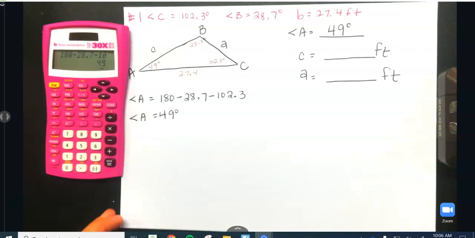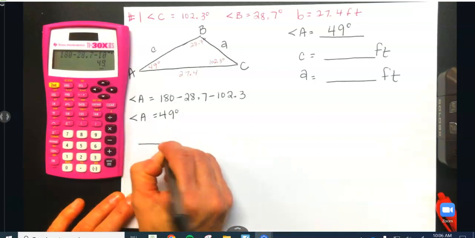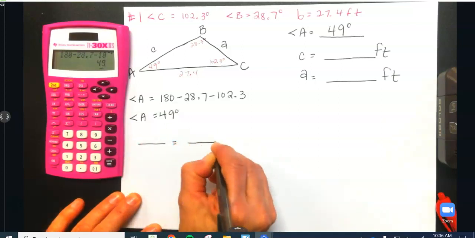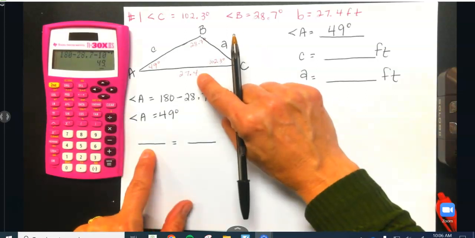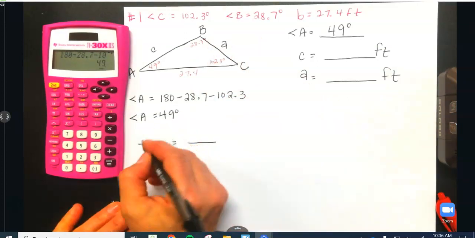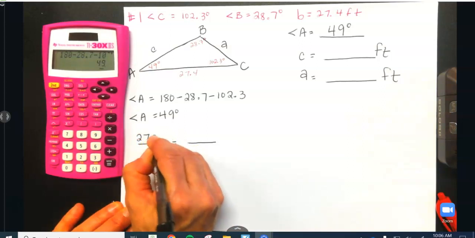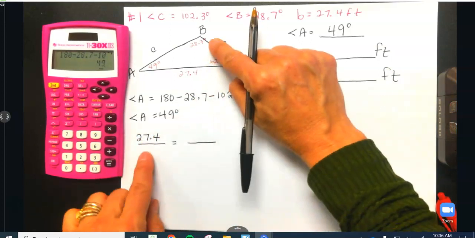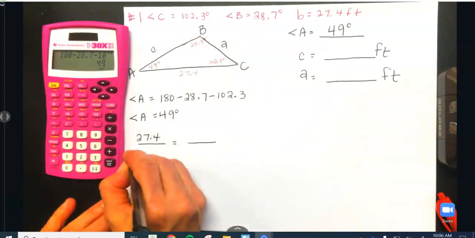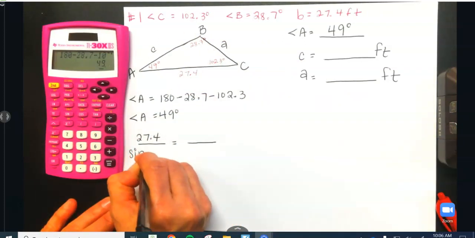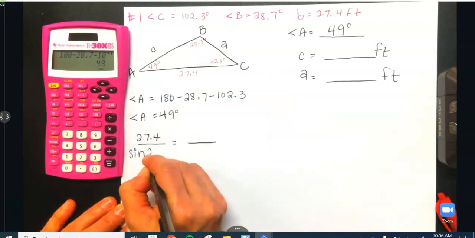All right, so here's what law of sines says. It's just a proportion, y'all. Let me draw my little setup for my proportion. It says the leg given, 27.4, divided by the sine value of the corresponding angle. So underneath, I'm going to write sine of 28.7.